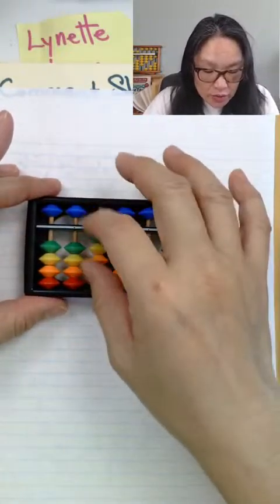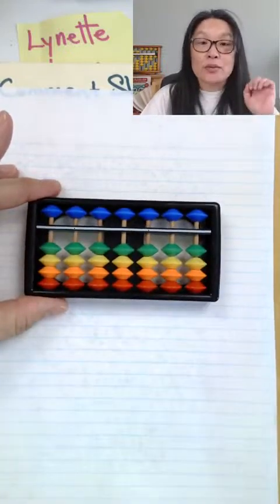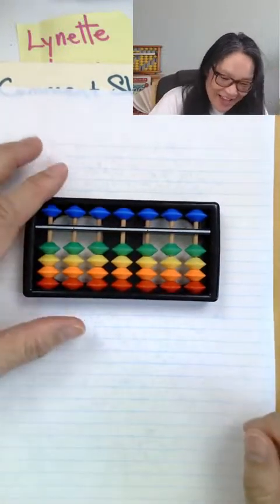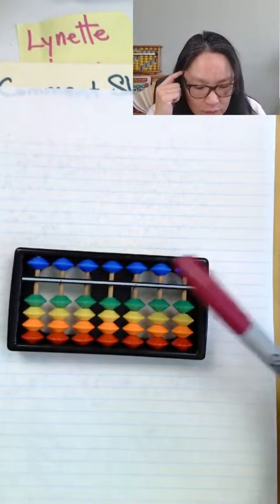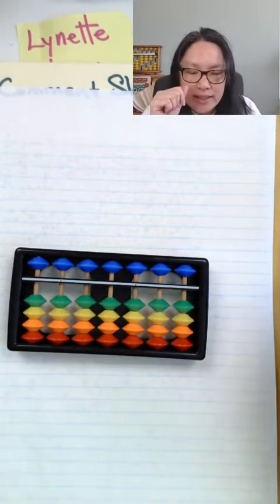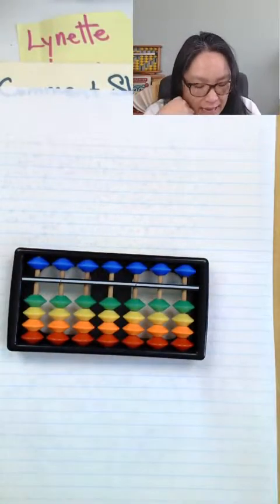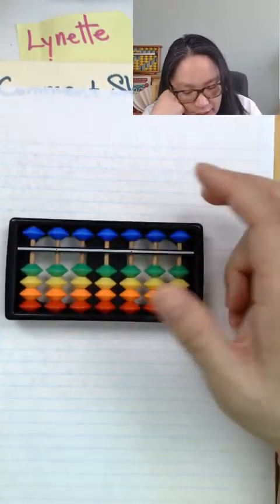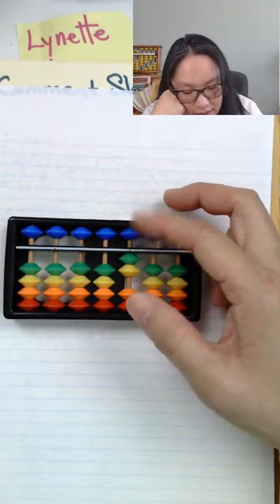Okay, so that's the basics of understanding how to read the abacus. Now we're going to go into making a 10. The reason why I was hesitating with making a 10, reason why I'm saying with the 5, when we make a 5, we're moving 2 beads. That is absolutely true. That makes sense. Because when we add the 5, that's what we're doing, we're making a 5.